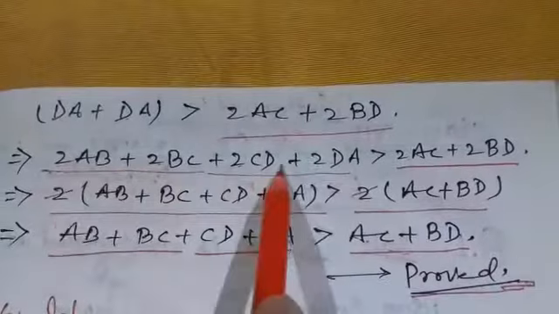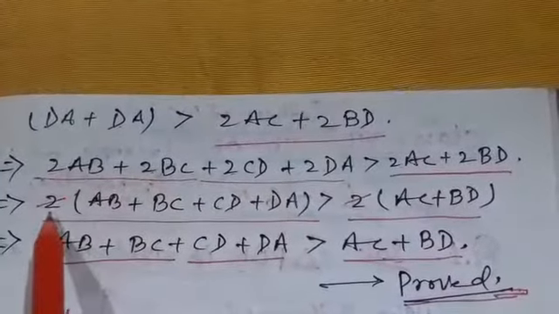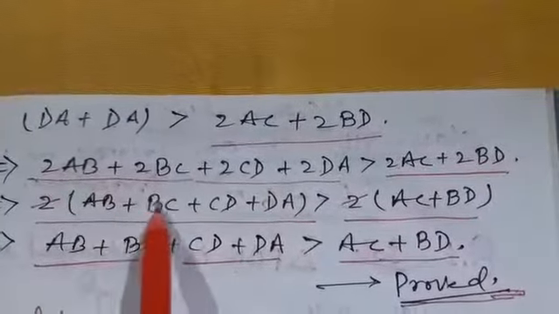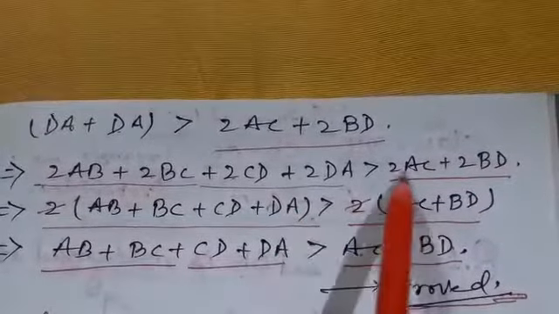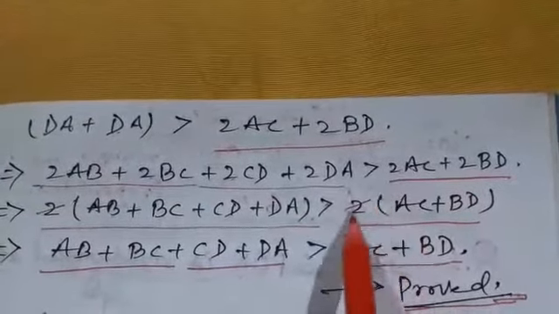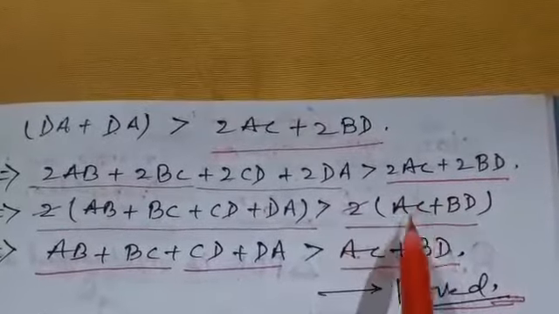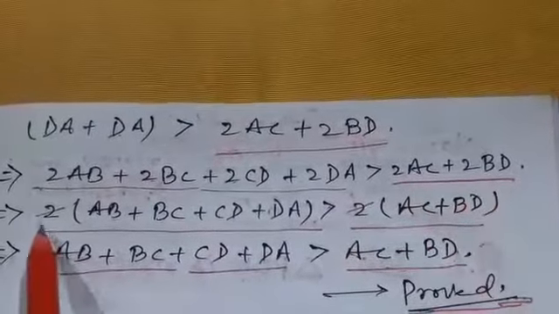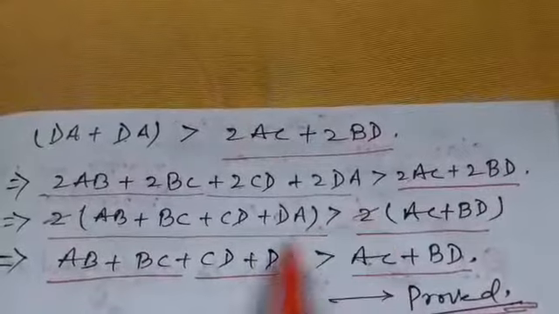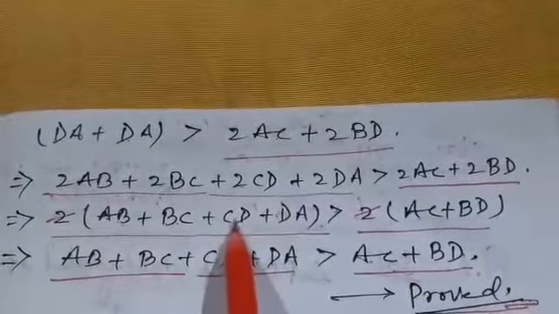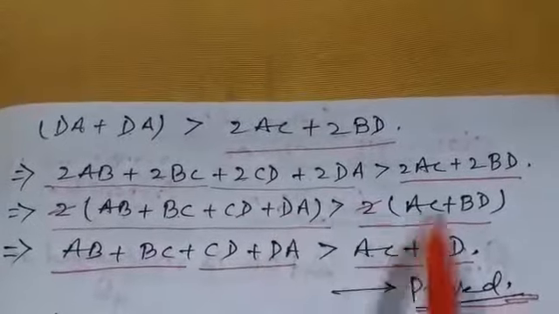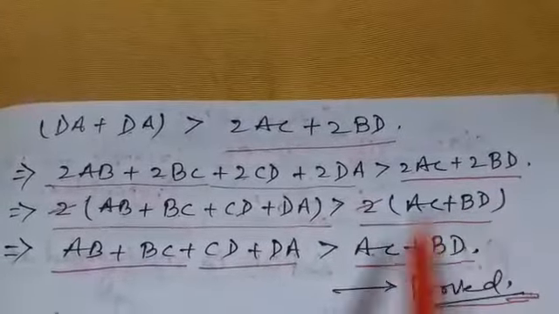Now we take 2 as common, so we write 2 into AB plus BC plus CD plus DA is greater than, also 2 here taken as common, so we write 2 into AC plus BD. Now 2 and 2 both are cancelled, hence AB plus BC plus CD plus DA is greater than AC plus BD.